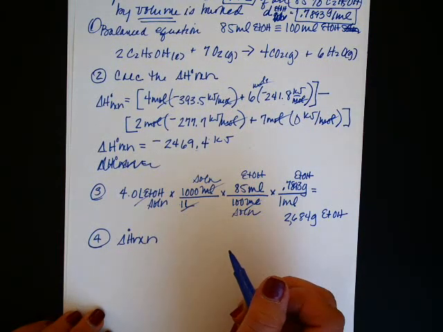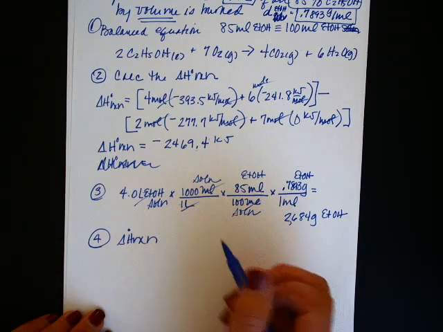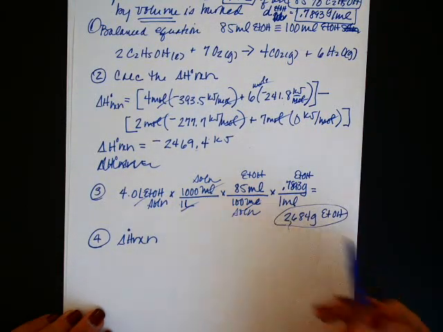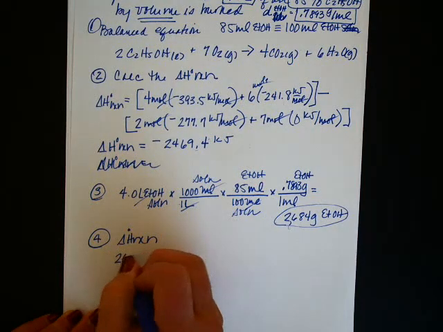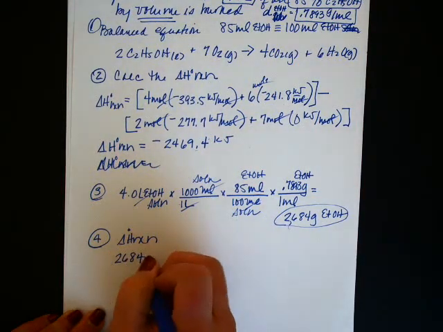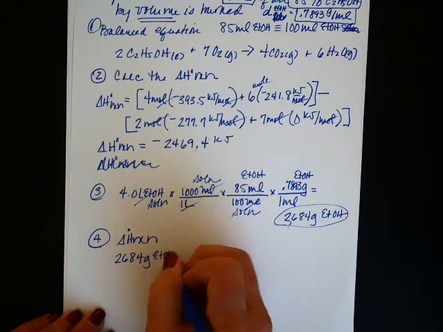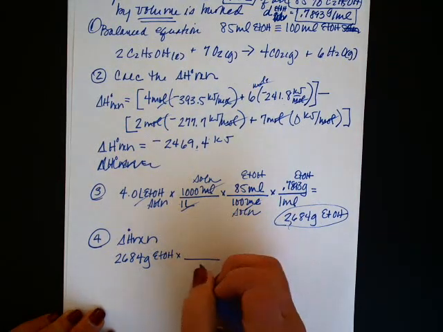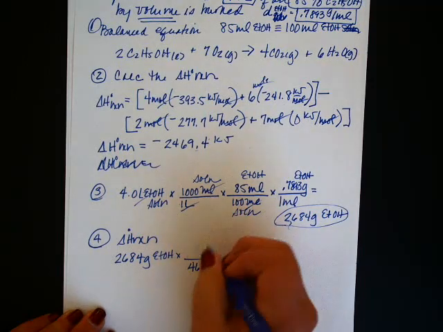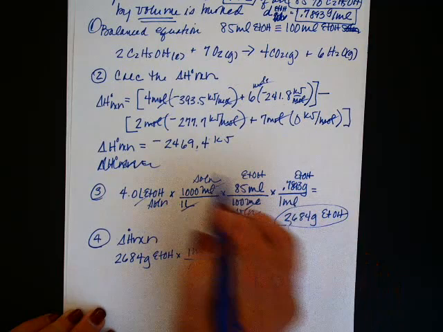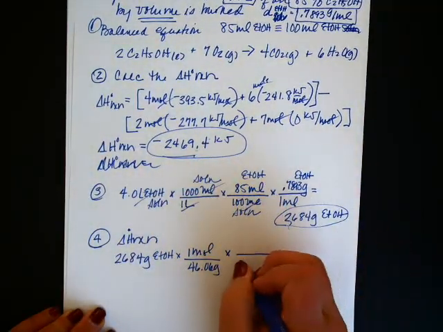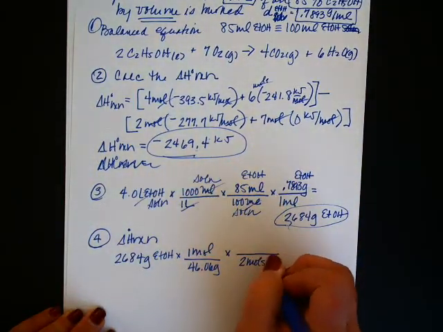So if I start with 2684 grams EtOH times the molar mass of ethanol, or 1 mole, and then this delta H is for 2 moles, and that's negative 2469.4 kilojoules.